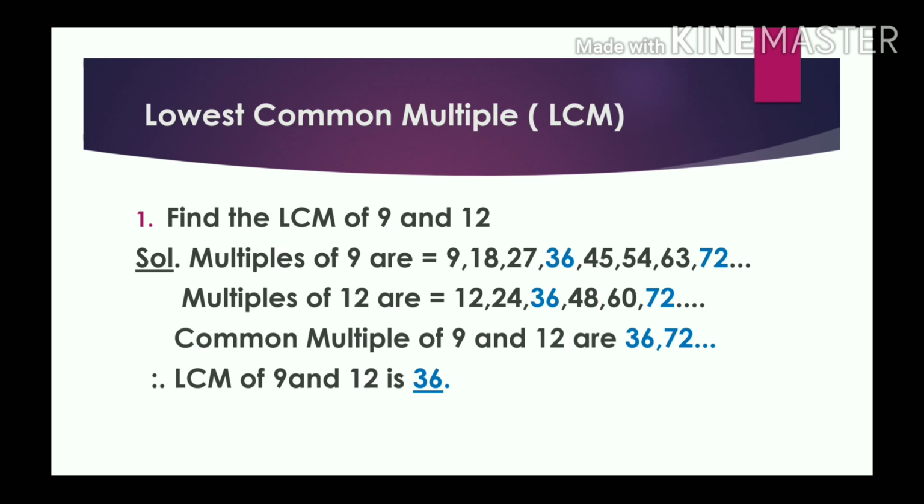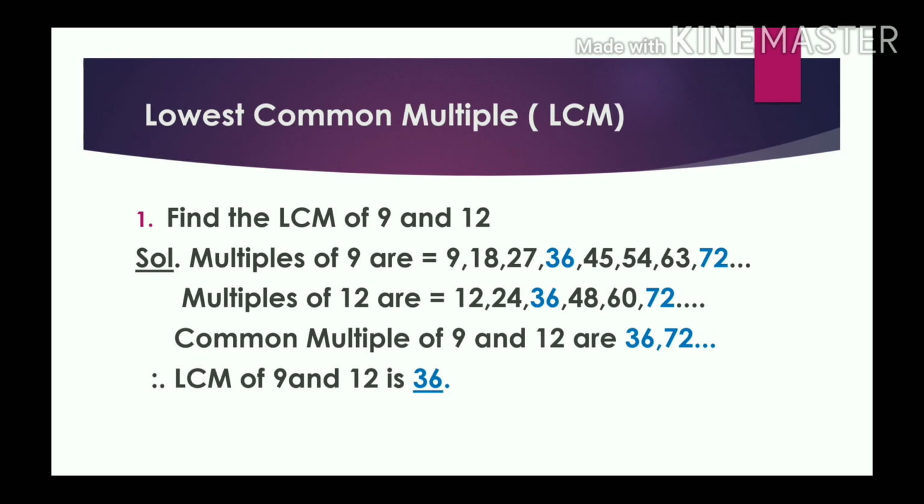Solution: multiples of 9 are 9, 18, 27, 36, 45, 54, 63, 72, and so on. And multiples of 12 are 12, 24, 36, 48, 60, 72, and so on.